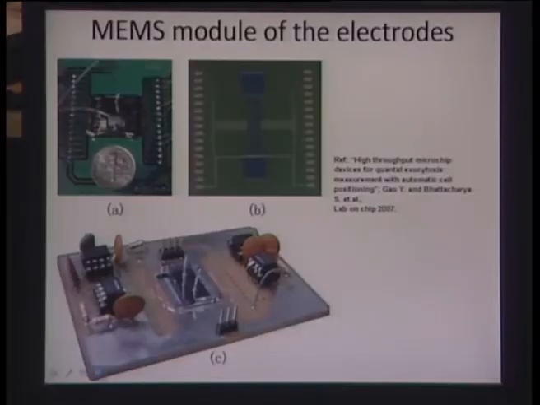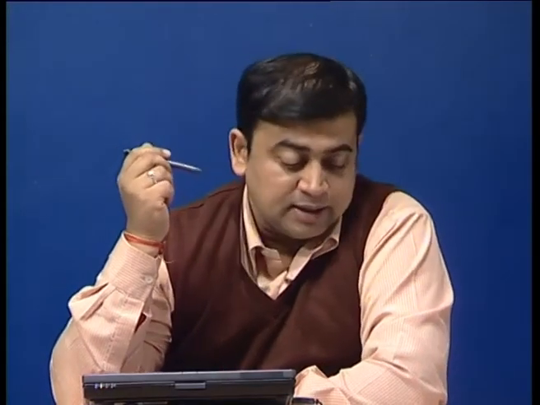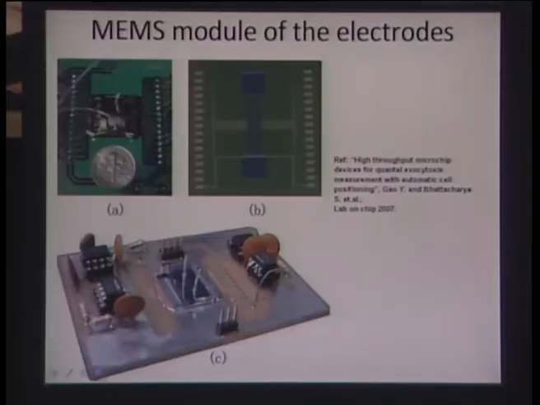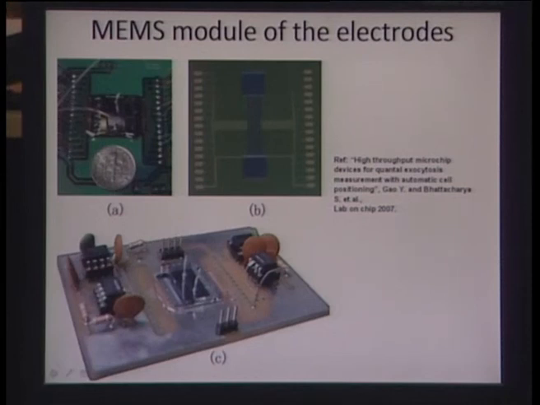So, when we talk about the various MEMS modules for electrodes, the basic idea in MEMS is that whatever is being done by the conduit can be transferred onto a microchip level, and some of these electrodes essentially can be screen printed onto these chips rather than just hanging plain wires.